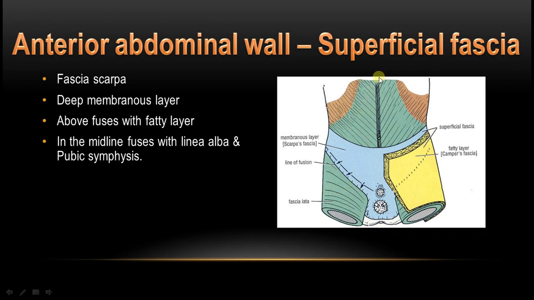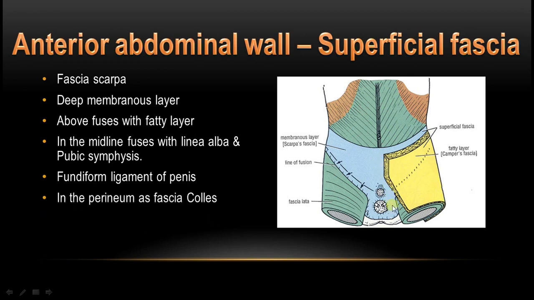In the midline, it fuses with the linea alba and the pubic symphysis, and as I told you, it forms the fundiform ligament of the penis and the Colles fascia in case of the perineum. So that is about the superficial fascia of the anterior abdominal wall, which is the fascia camper, and the other one is the deep membranous layer, the fascia Scarpa.